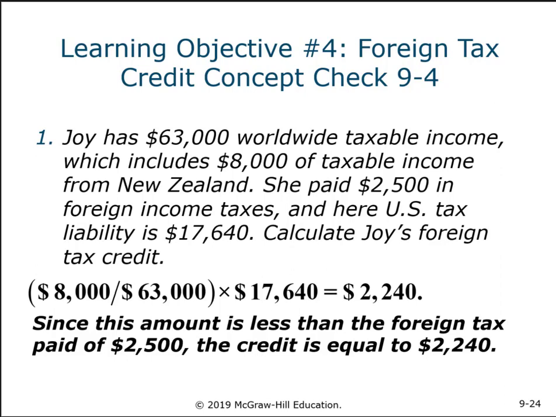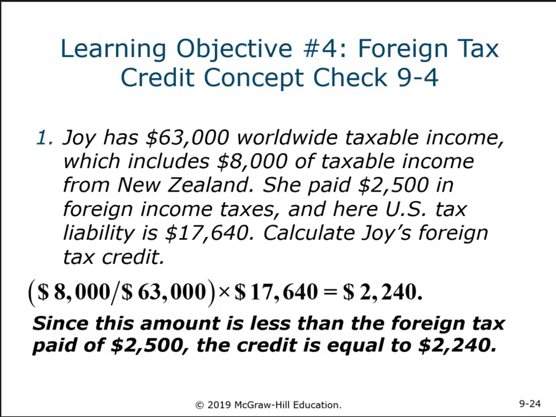She calculates what percentage of her total income was earned in New Zealand: 8,000 divided by 63,000. Then we multiply that by her tax liability in the United States.